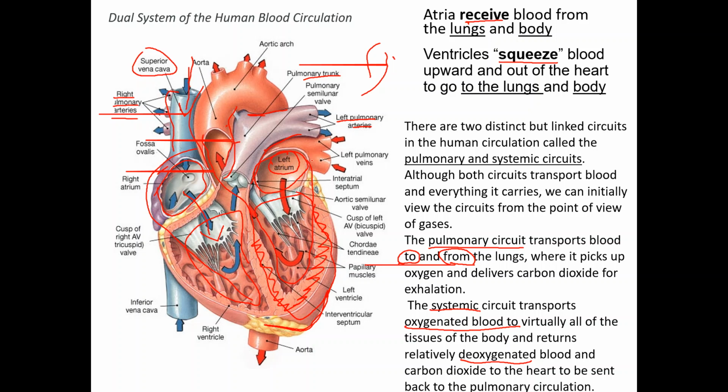The vessels that it comes through are the left and right pulmonary veins. And I want to point out how the terms artery and vein really refer to the direction of the blood.